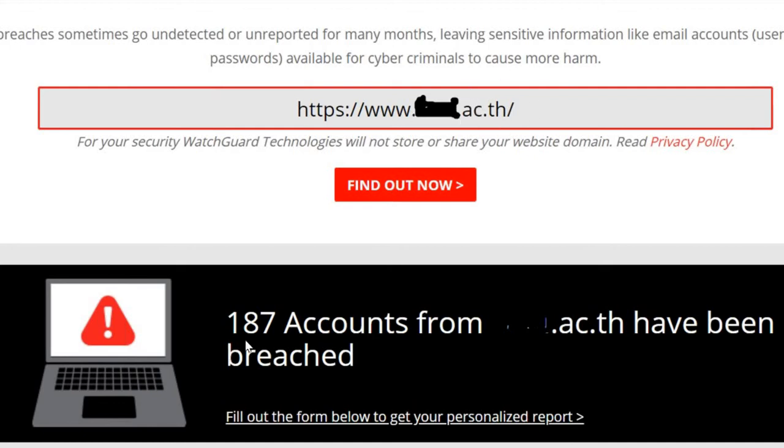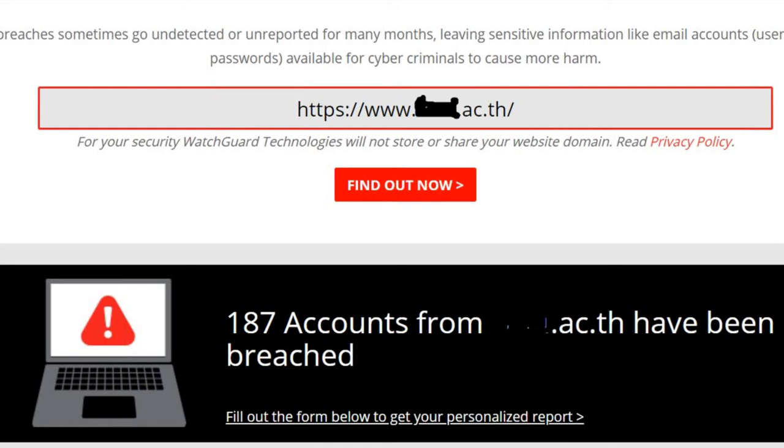From the scan, it shows 187 accounts from this domain have been breached. A school will have more breaches because of the students. If you are the owner of the domain, you can click on find out more and re-verify your email that you are the owner of the domain. Then WatchGuard will send you more details on those 187 accounts: what the breaches are and what should be done.